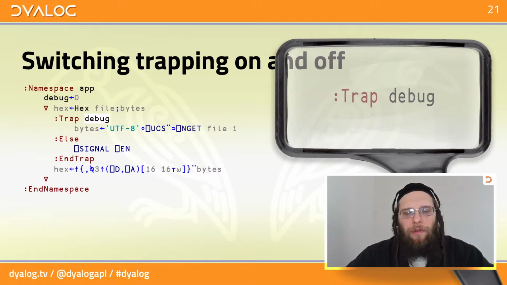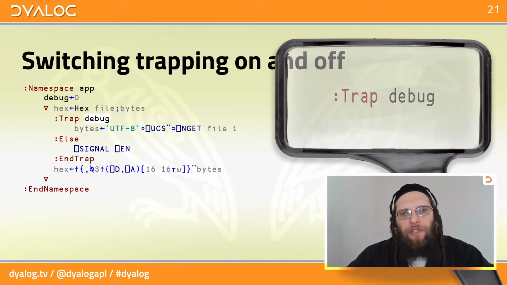Now, if the debug variable's value is changed to an empty vector, and remember that trap takes a scalar or a vector of error numbers that it should be sensitive to, if we give it an empty vector, then it's sensitive to exactly no error types, and that means that the trap is effectively disabled. We could also set debug to a specific set of errors that we are interested in the application handling at this point, whereas all other errors will cause a suspension.